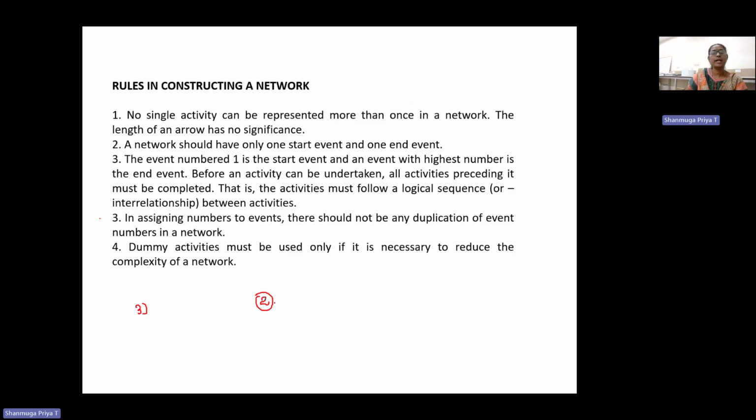For example, for an activity, 2 is the starting node and 3 is the ending node, so the next should be higher, for example, activity B. So this is correct. No single activity should come more than once in a network, and there should be only one start event and one end event. The next slide I have explained.